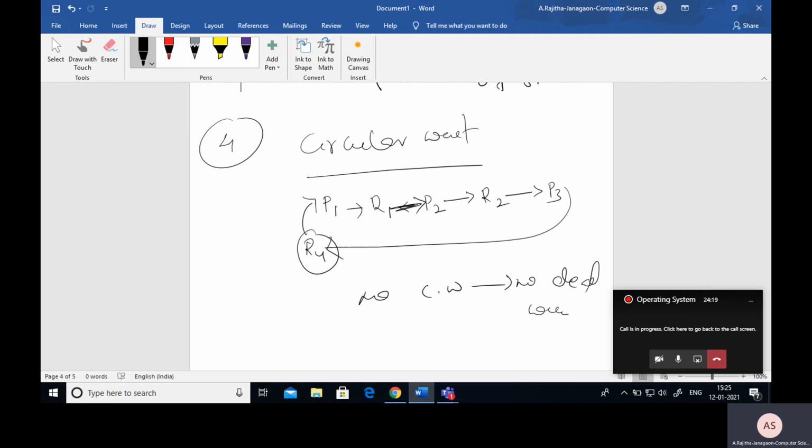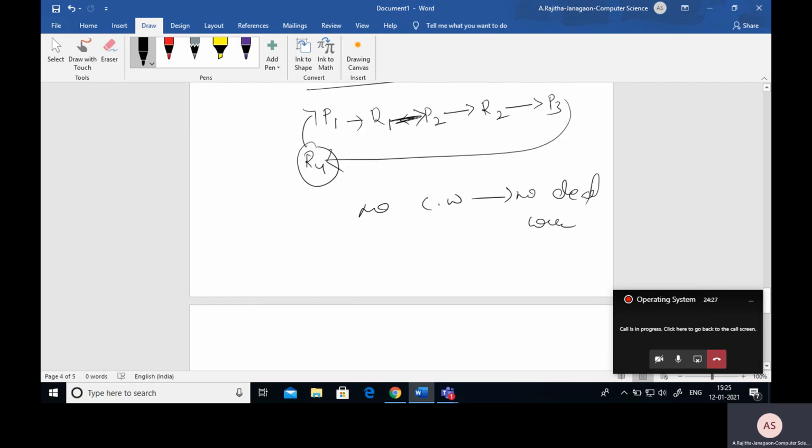So how is this circular wait removed? To remove the circular wait, just give numbers to all the resources.